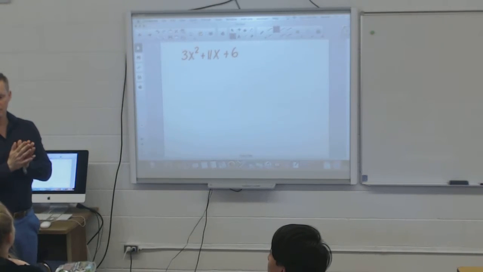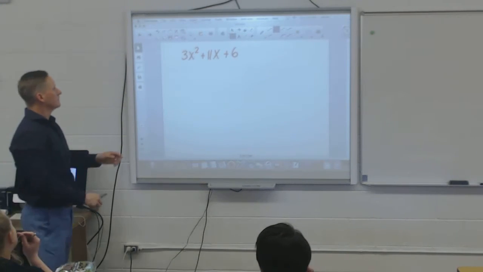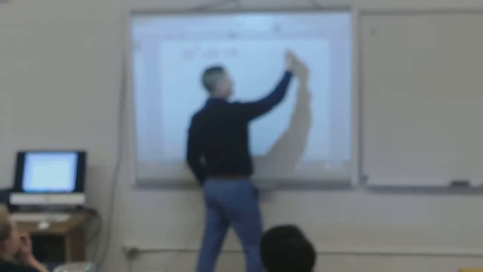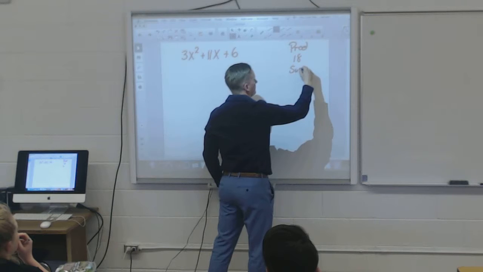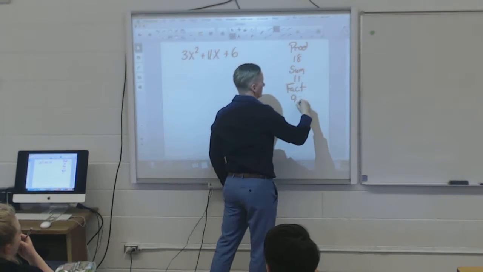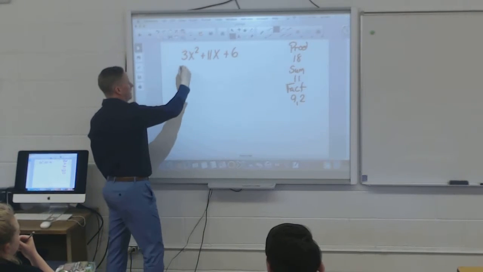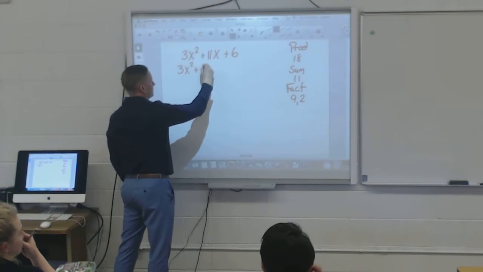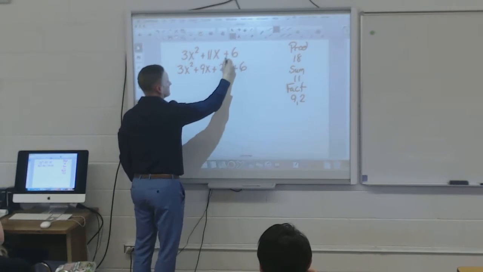Yes. You can factor though, but you can't take out a greatest common factor. So how do we do this? 3 times 6, 18, sum, 11, factors 9 and 2. So you'd have 3x squared plus 9x, add 2x, add 6.